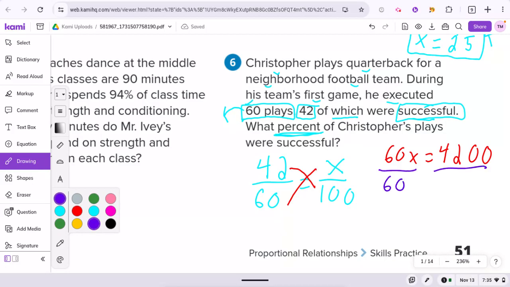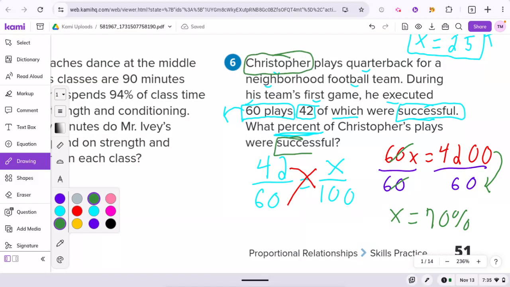Divide by 60, divide by 60. The 60s on the left cancel. If you put 4,200 divided by 60 into your calculator, you would get 70, and that would equal 70%. So Christopher was successful 42 out of the 60 plays. That's a 70% success rate.